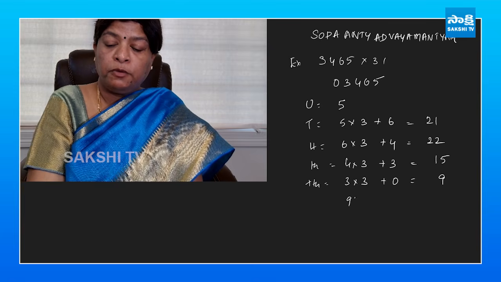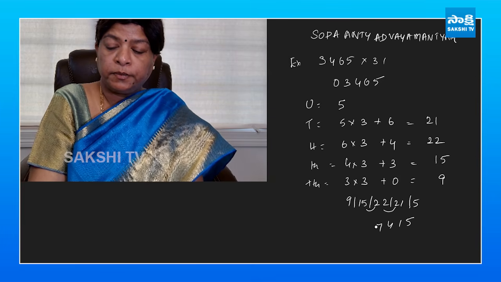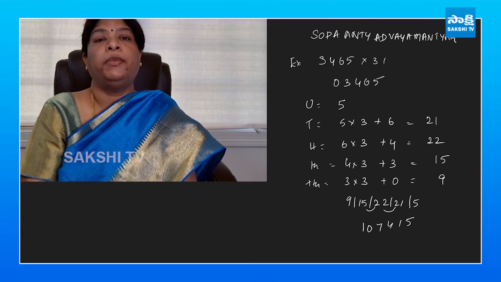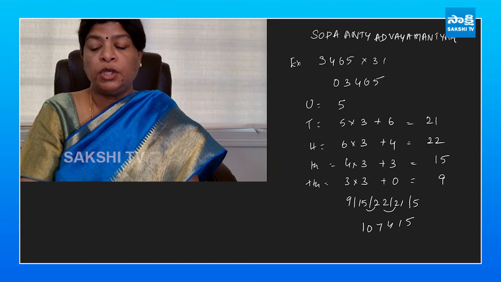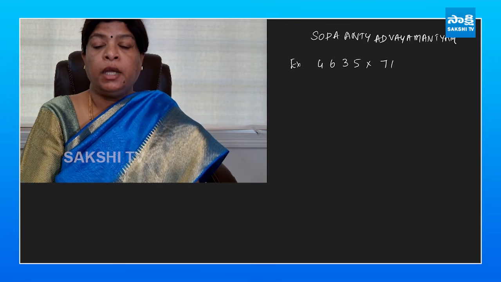So 9 followed by 15, 22, 21, and 5. So we apply the balancing technique. So the answer to this problem is 107415.